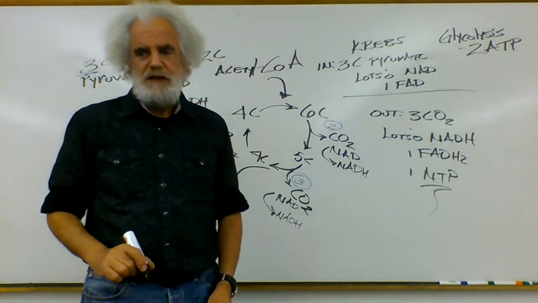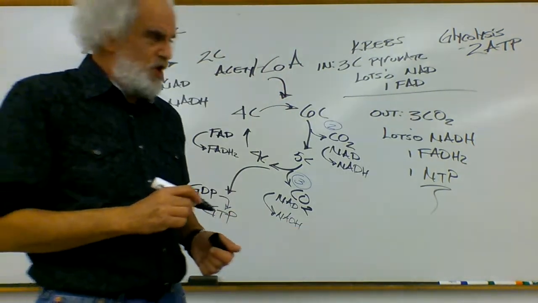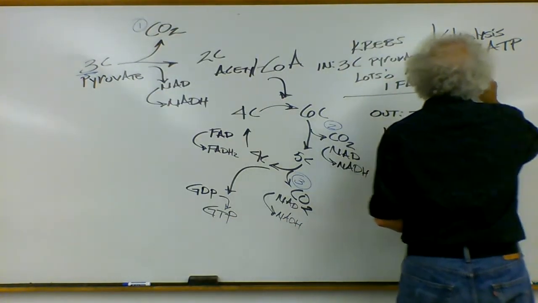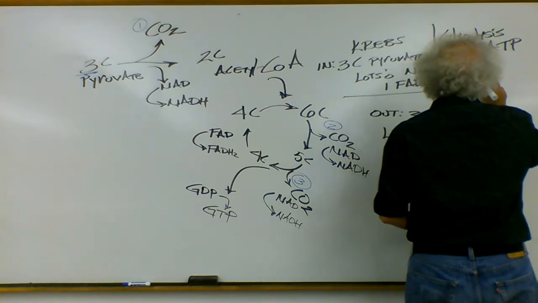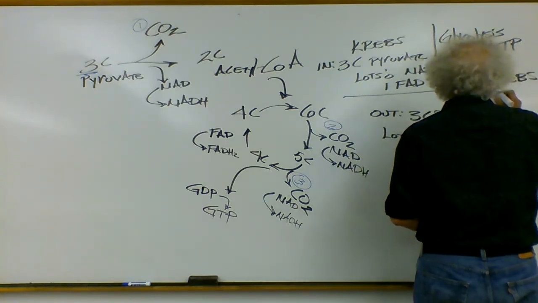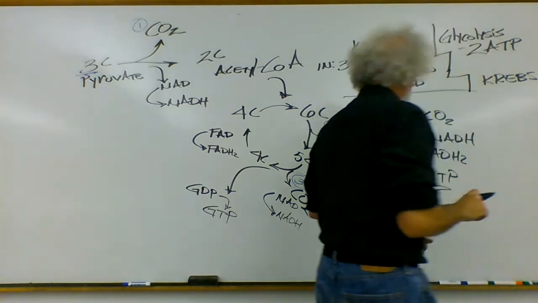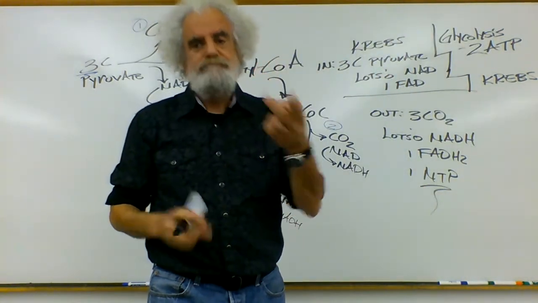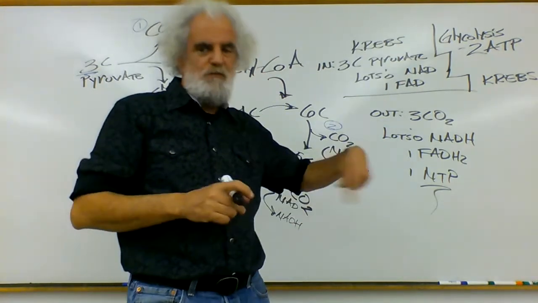All right? So if we go to our tote board over here, we can say that the Krebs cycle is generating a grand total of 2 nucleotide triphosphates, 1 per cycle.